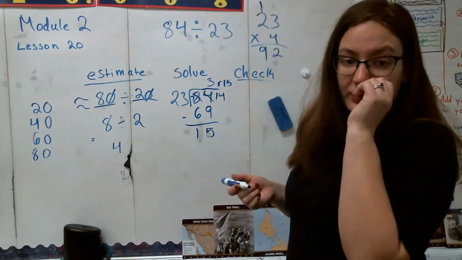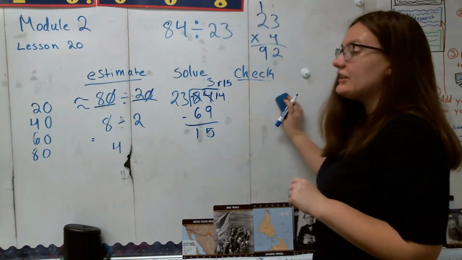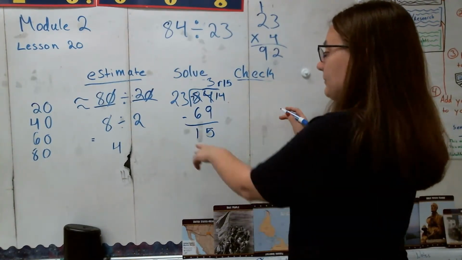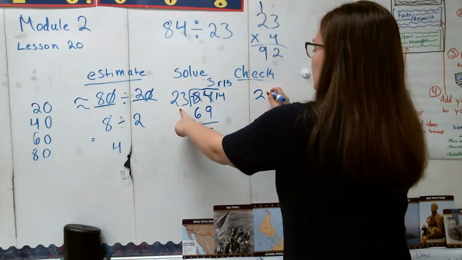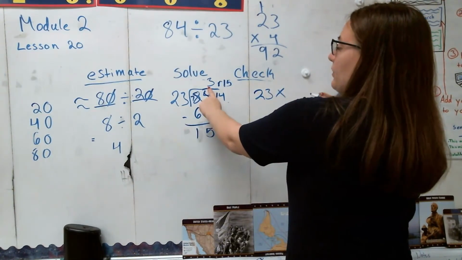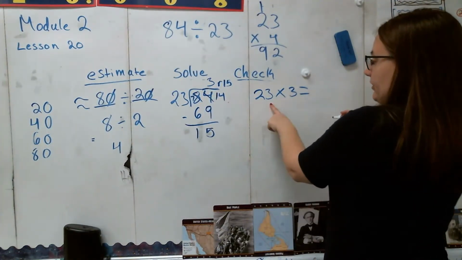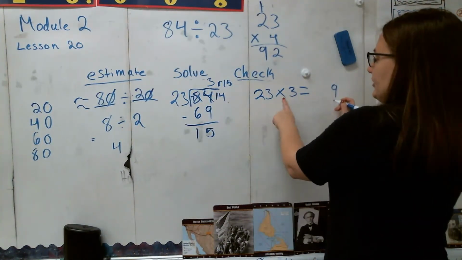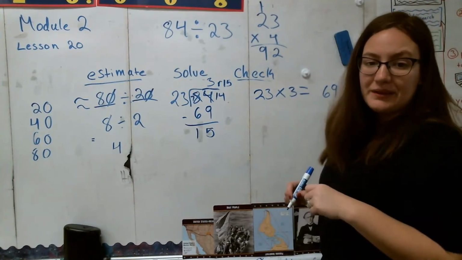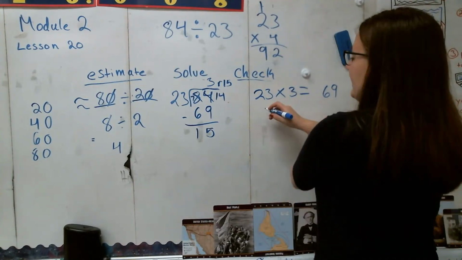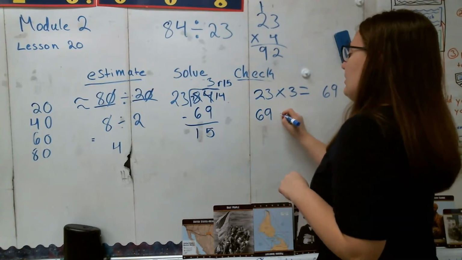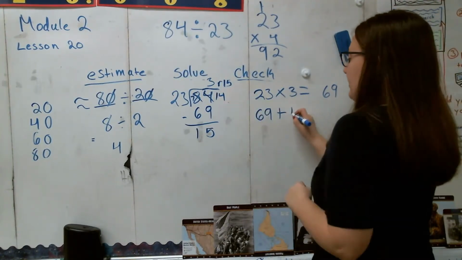But you know, it's always important that we check our answers. So I come over to my check part. Remember, I take my divisor, multiply it by my quotient. I multiply these numbers. So 3 times 3 is 9, and 2 times 3 is 6. So that gives me 69. I take this answer and add my remainder.